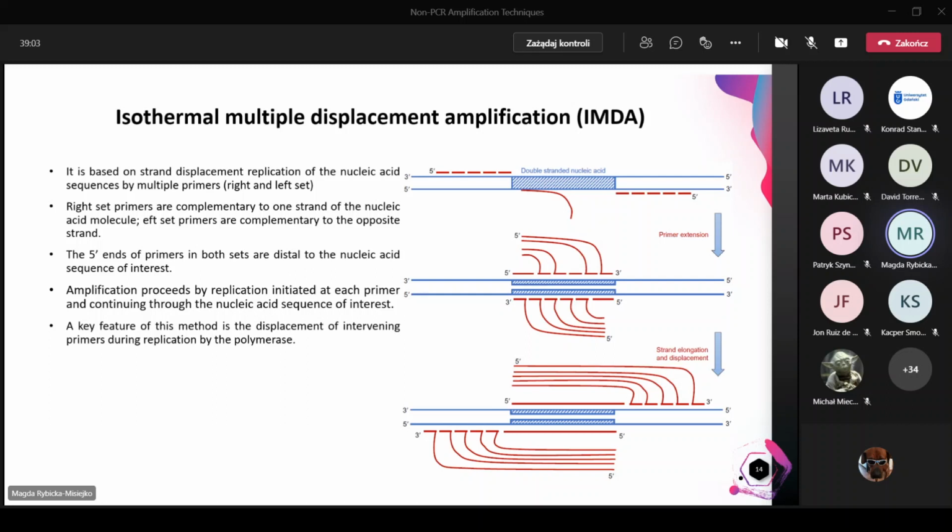And the bottom panel is the multiple strands of replicated nucleic acids further elongated. Also, here are shown the next sets of primers which hybridize to their complementary sites on the newly replicated strands. The newly replicated strands are made available for hybridization to the primers through displacement by the polymerase elongating the following strand.